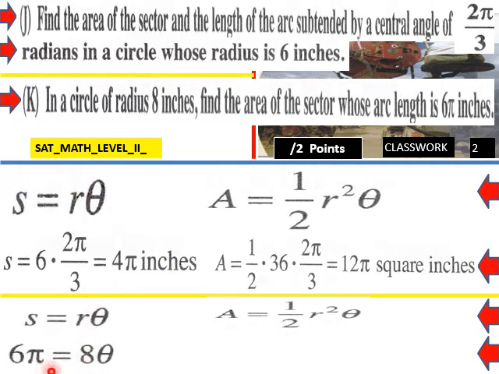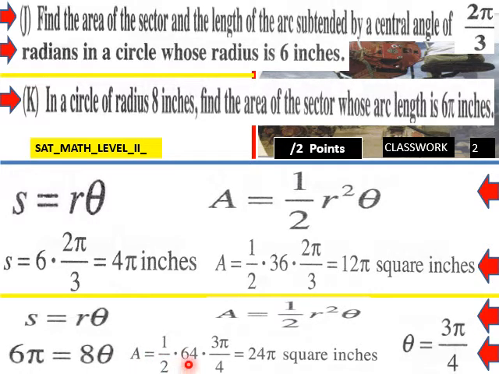So 6 pi equals 8 times theta, giving theta equals 3 pi over 4. Then we plug in: area equals 1/2 times 64 times 3 pi over 4, which comes out to 24 pi square inches.